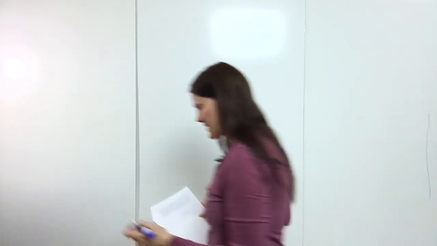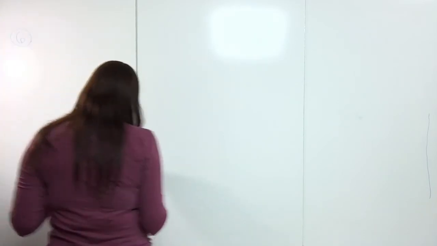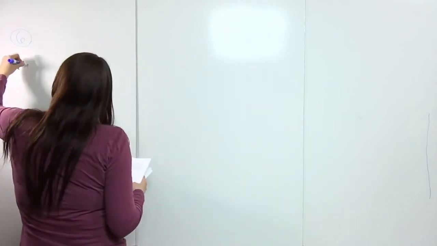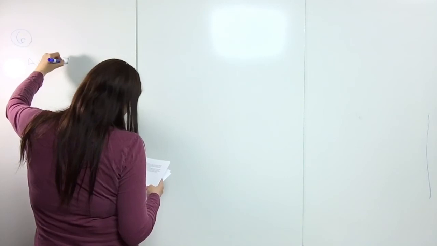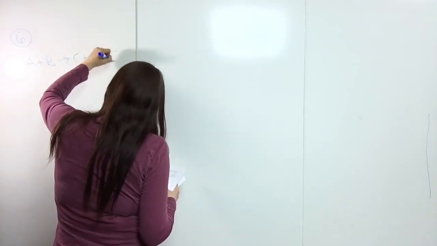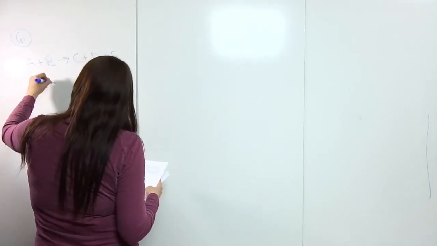All right, so for number 6, it says you have a reaction that's A plus B to C plus D plus E. It's in a semi-batch.